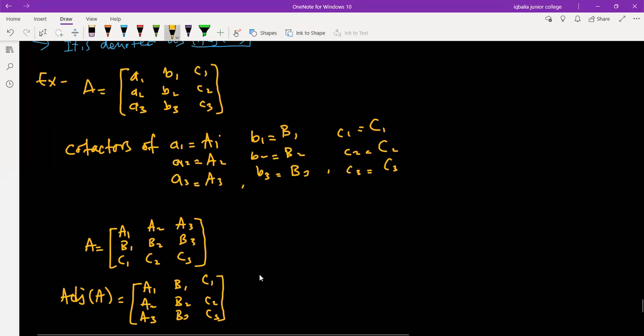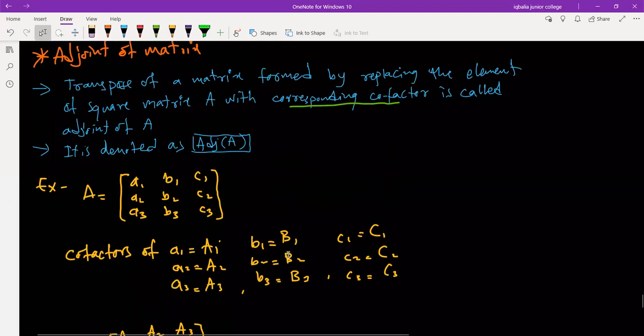We found the cofactors, placed the cofactors in the place of elements, transposed those cofactors, and then we got adjoint of A. So see the definition of adjoint of matrix: transpose of matrix formed by replacing the element of a square matrix A with corresponding cofactor is called adjoint of A. Girls, do you have any doubt in this topic? No, sir. No? Okay.